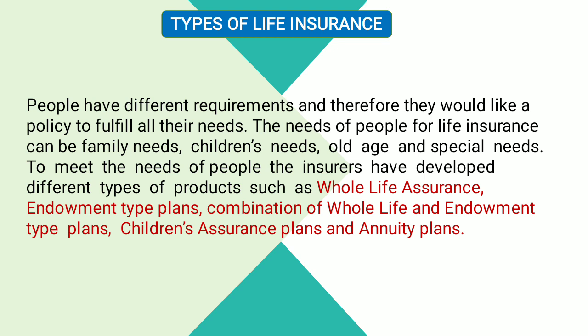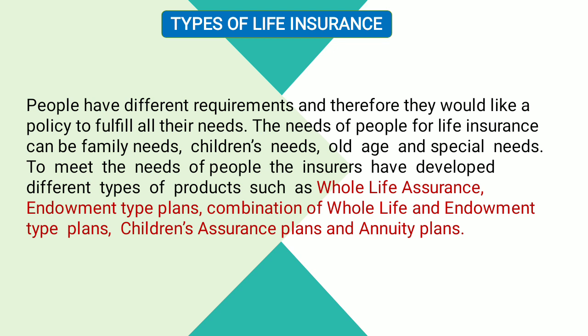For children's needs, such as education and marriage, we can take insurance policies. And for old age, after the age of 60 or 70, when we will not be able to work and there will be no source of income, how will we fulfill our needs? That is a kind of insurance, the pension plans. And some special needs may also be there.